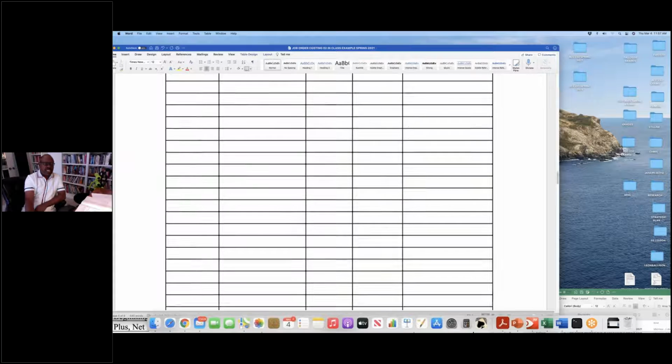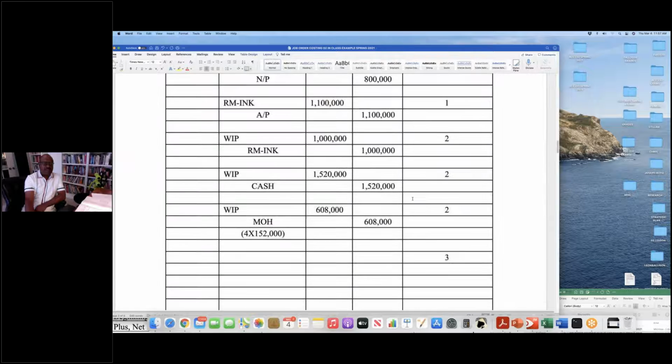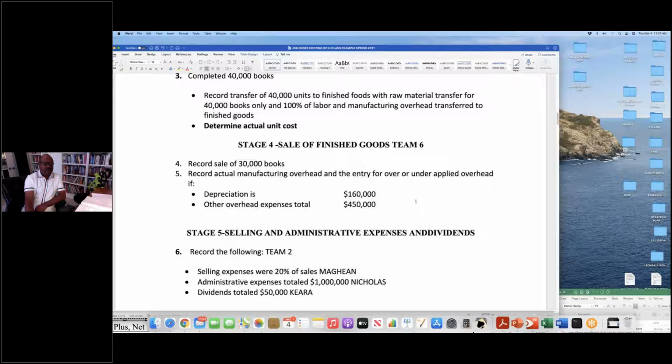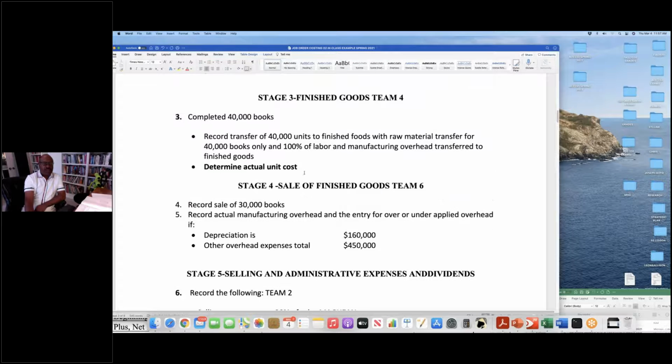And it says in the instructions, transfer 40,000 units with raw materials for the 40,000 only, and 100% of labor and overhead.